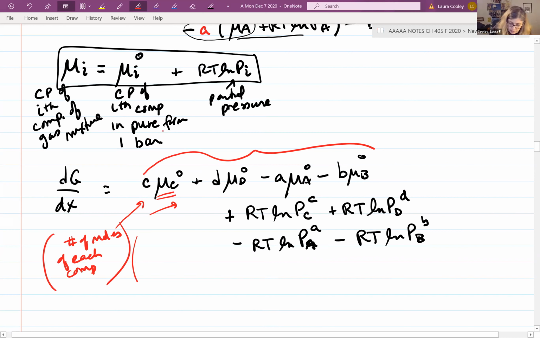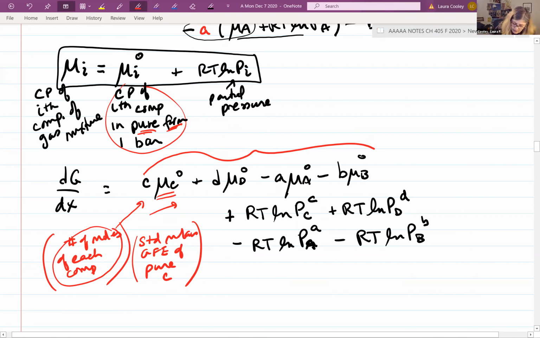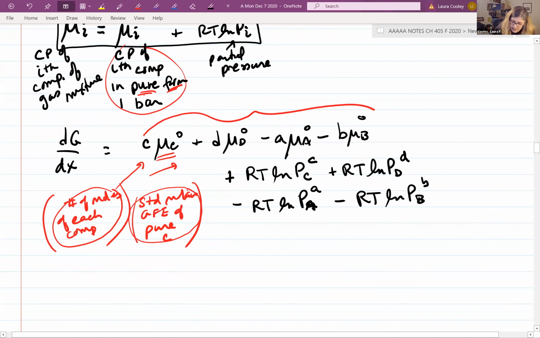This is the standard molar Gibbs free energy of pure C, which is the same as the chemical potential in pure form at 1 bar. It's really the same. But anyway, when you add up the number of moles of each component of the products times their standard molar Gibbs free energies, and then you subtract the same for the reactants.